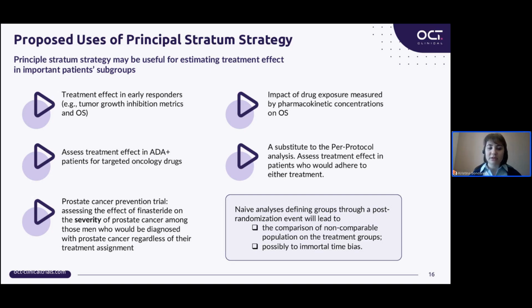However, it was noted that among patients who developed prostate cancer, patients from the finasteride arm had a statistically significantly higher risk of high-grade prostate cancer compared to those randomized to placebo. The question of interest here would be to assess the effect of finasteride on the disease severity among those men who would be diagnosed with prostate cancer regardless of their randomized treatment.